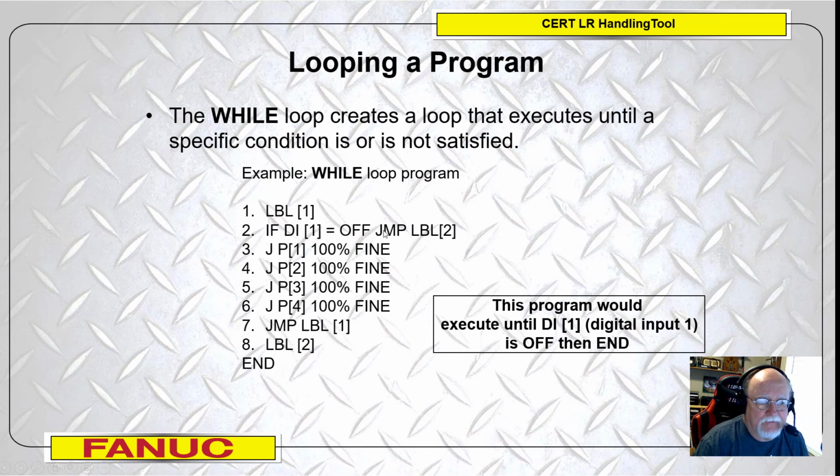But if we leave the switch on, or whatever digital input 1 is, then the program will keep running here, because it goes down to jump to label 1 back up, until this statement in line 2 becomes true.